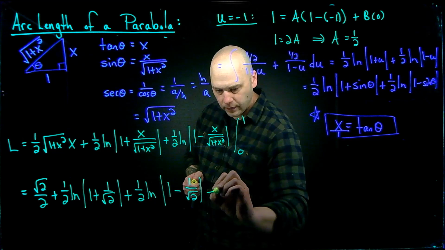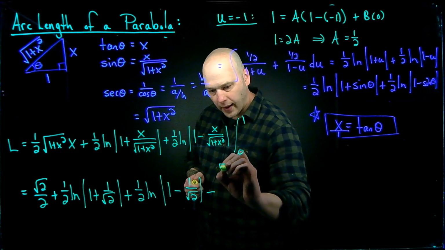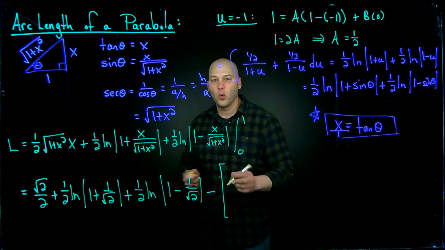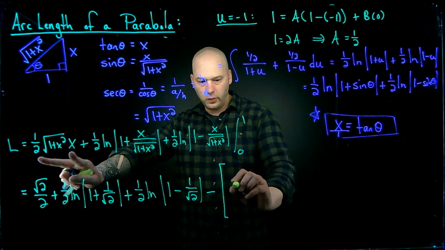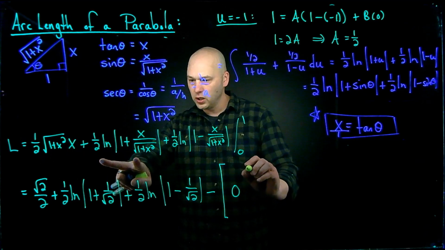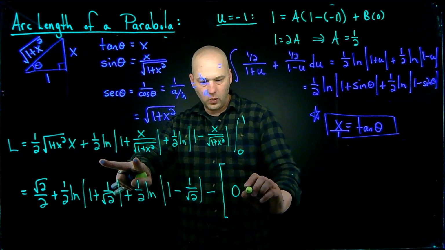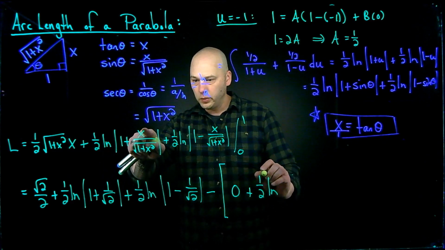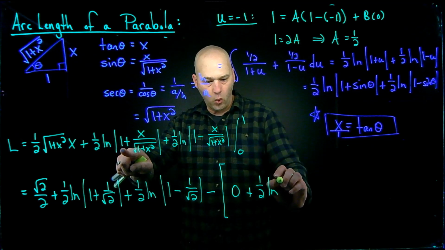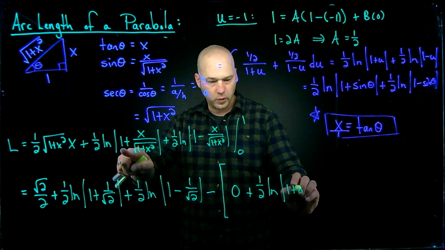So minus, let me use a big square bracket here just so I can distinguish what I get when I plug in 0. Plug 0 into this, that's going to be 0. Plug 0 into this, I'm going to get plus 1/2 the natural log of, well, this would be 0, so I get the natural log of 1. I'll just put 1 plus 0.